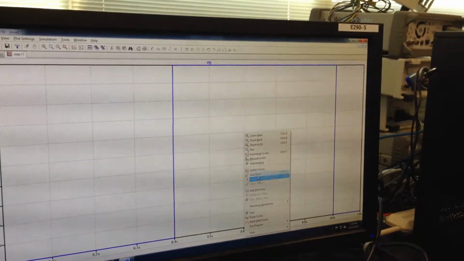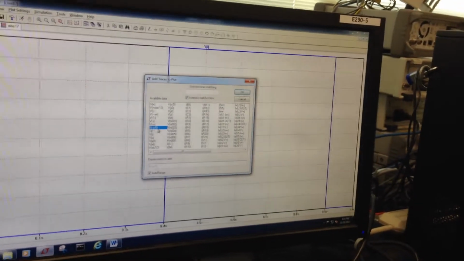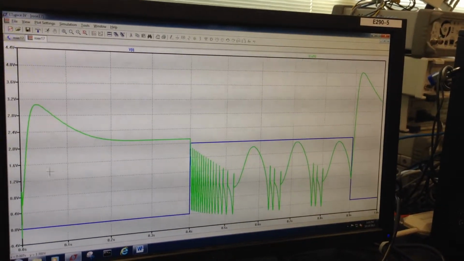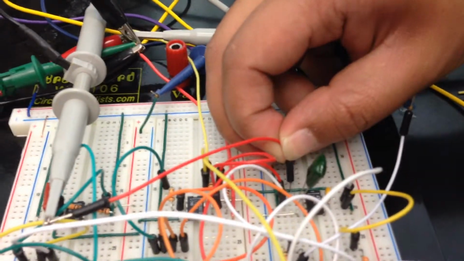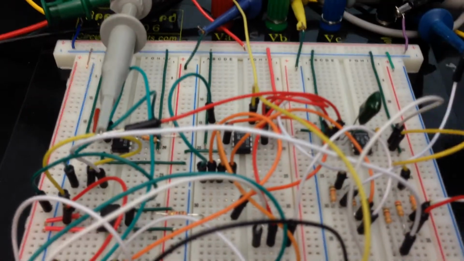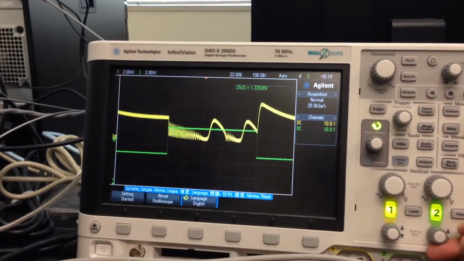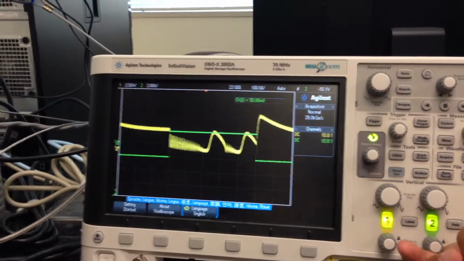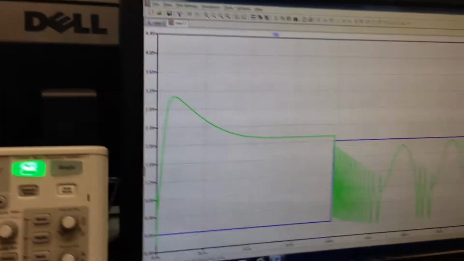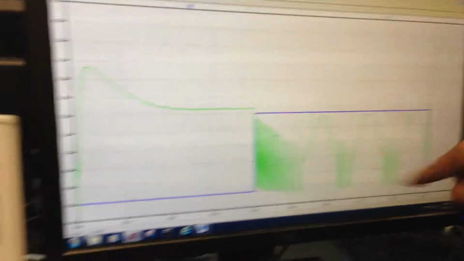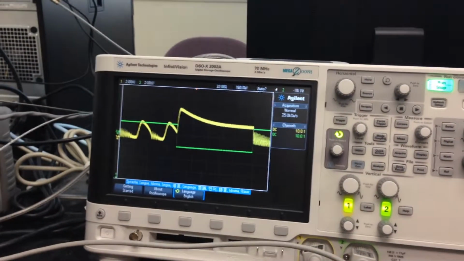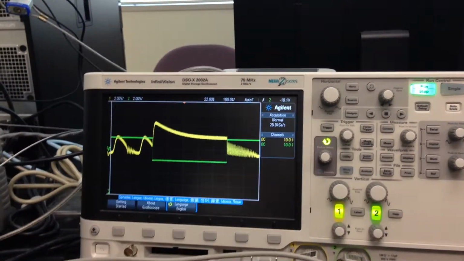And for the Y, you can see the similarities. That's for the Y at 2 volts.